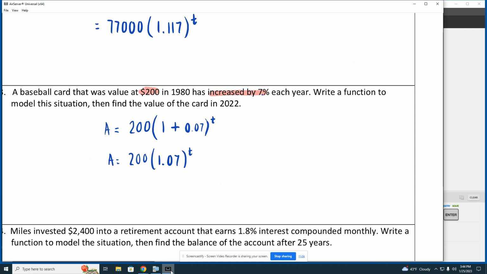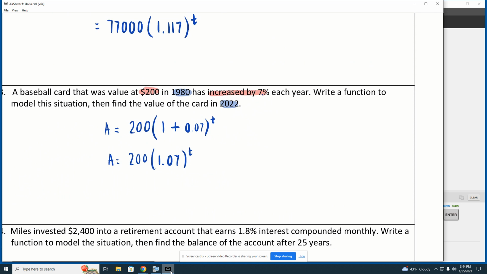Now, what about finding the value in 2022? Well, 2022, it's a little different than the last question because they told me that it was $200 back in 1980. So what is 2022 minus 1980? Well, that's 42 years.